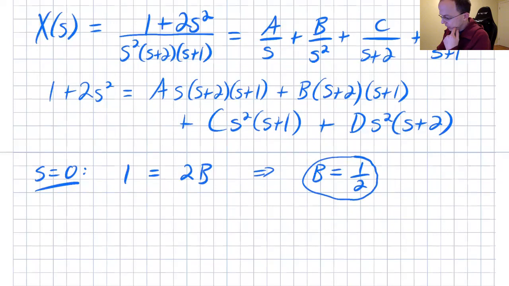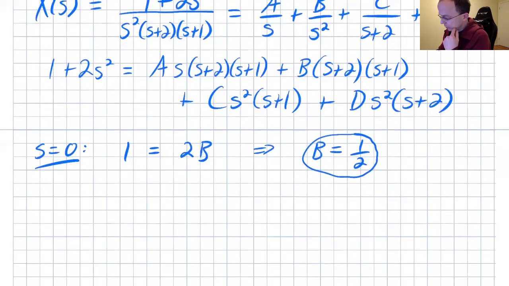And now if we make s plus 2 equal 0, then we'll solve for c. So these terms will all disappear. So we'll do s equals minus 2. And we get 1 plus 2 times 4, which is 9, and we'll get 4 times negative 1, so negative 4c.